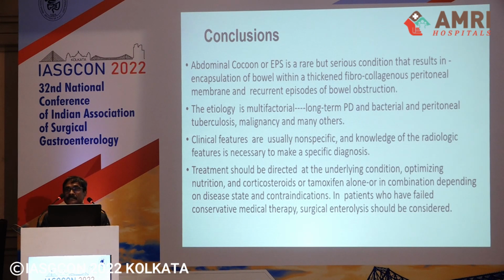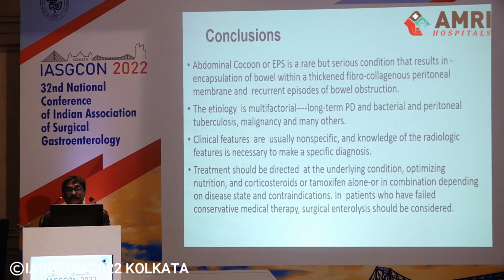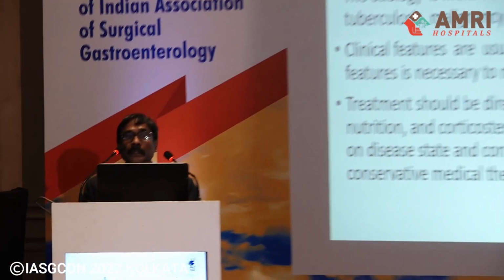The etiology is multifactorial, and the most common is idiopathic, followed by long-term peritoneal dialysis, bacterial and peritoneal tuberculosis, malignancy, and many others. The clinical features are usually non-specific, and knowledge of the radiological features is necessary to make a pre-operative and precise diagnosis.